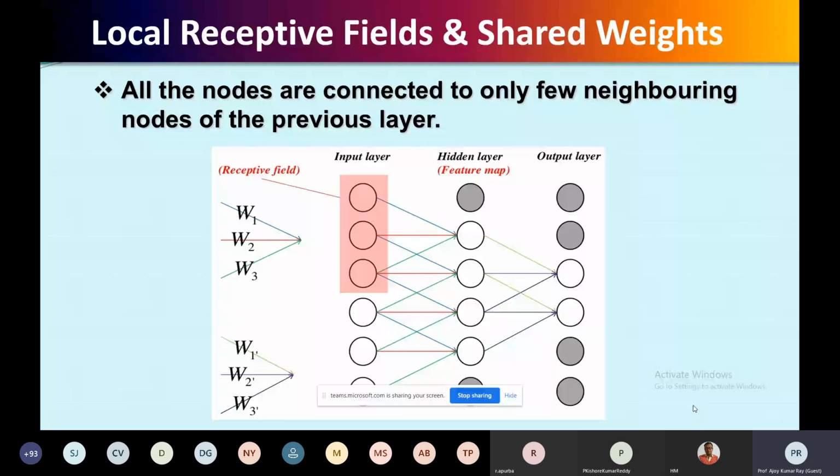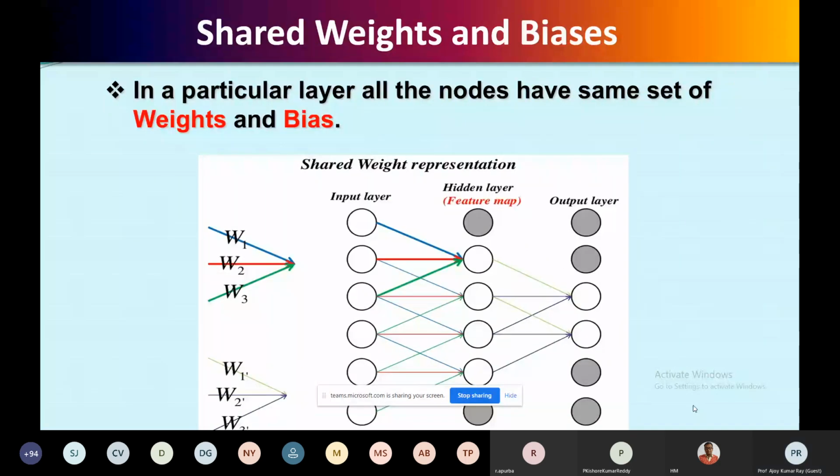In a particular layer, all the nodes have the same sets of weights and biases. Here it is W1, W2, W3. And in the next three, there are W1 dash, W2 dash, W3 dash. So these are the differences.